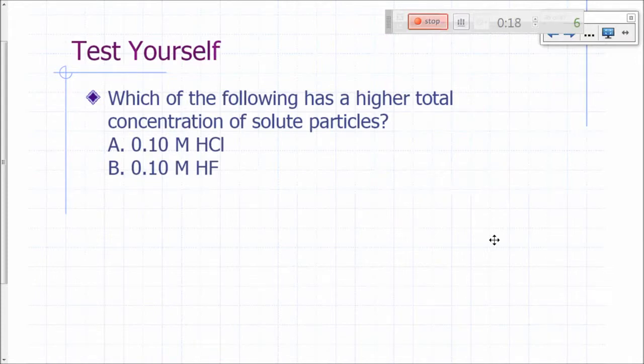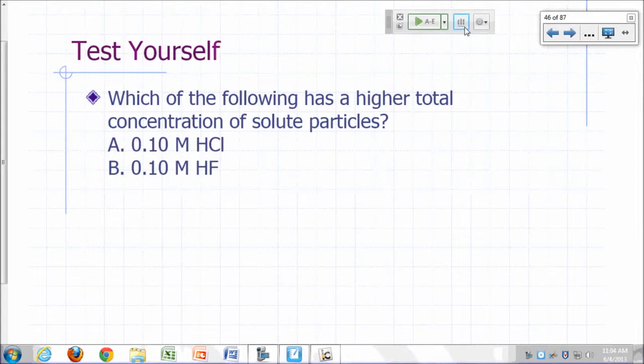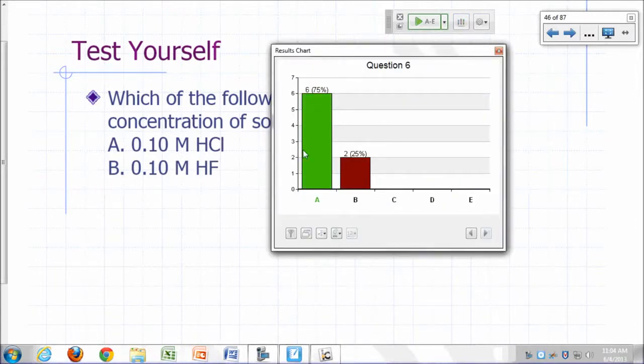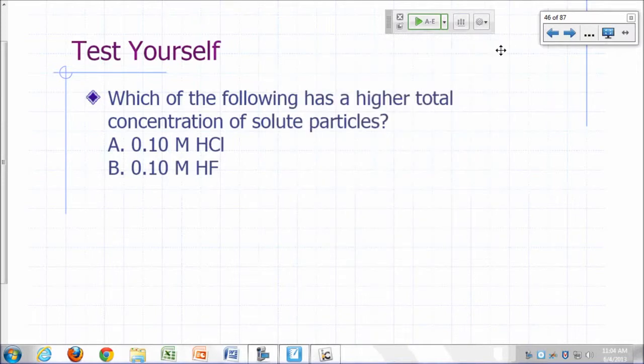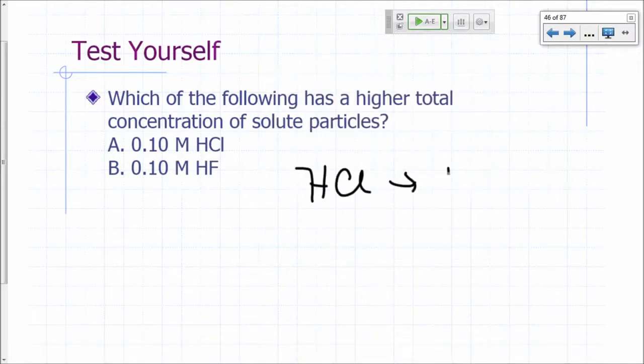Higher concentration of solute particles. HCl. Why HCl? Because what happens to HCl in water?